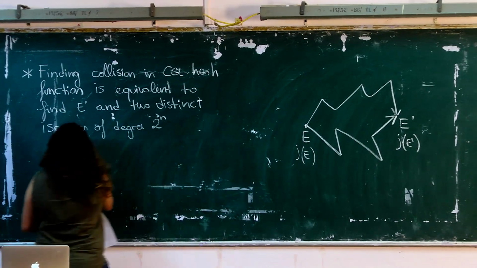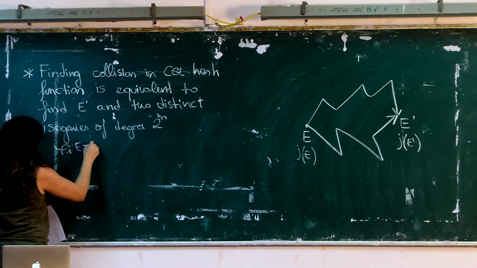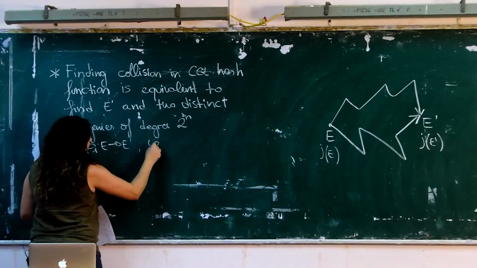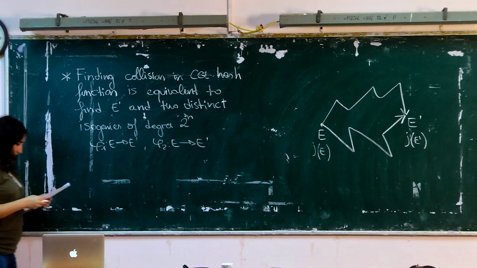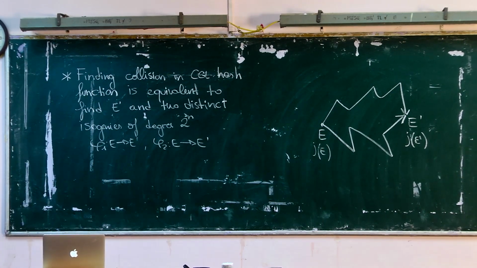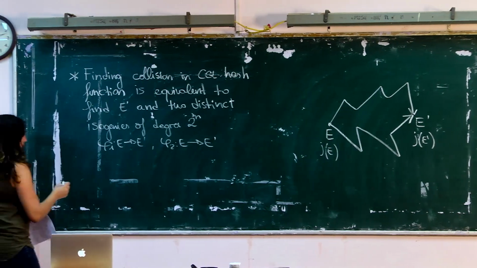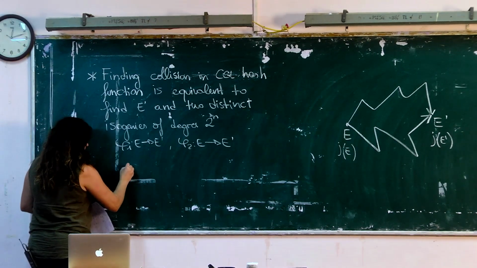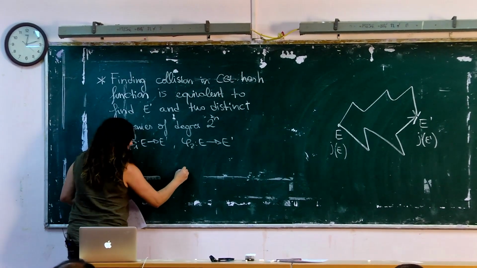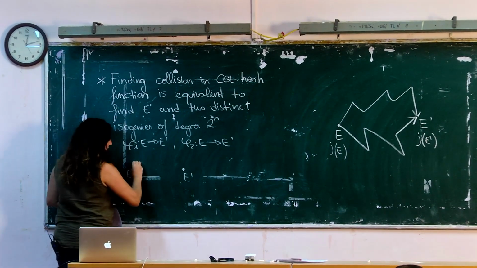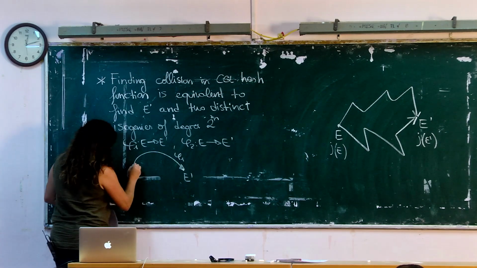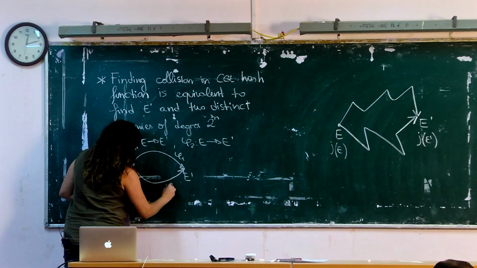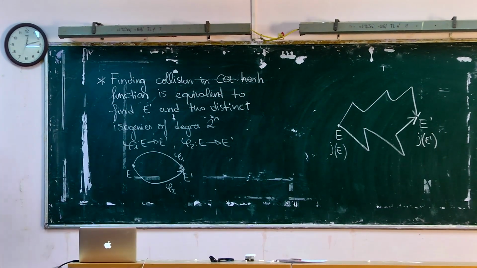So let's call them phi 1 from E to E prime, and phi 2 from E to E prime. So basically you have something like this. You have E prime, you have one isogeny phi 1 and another isogeny phi 2.